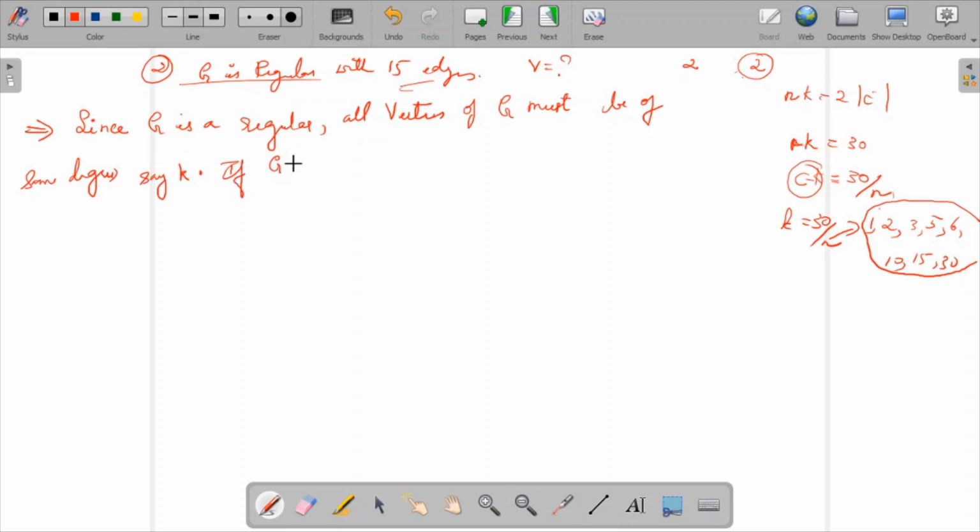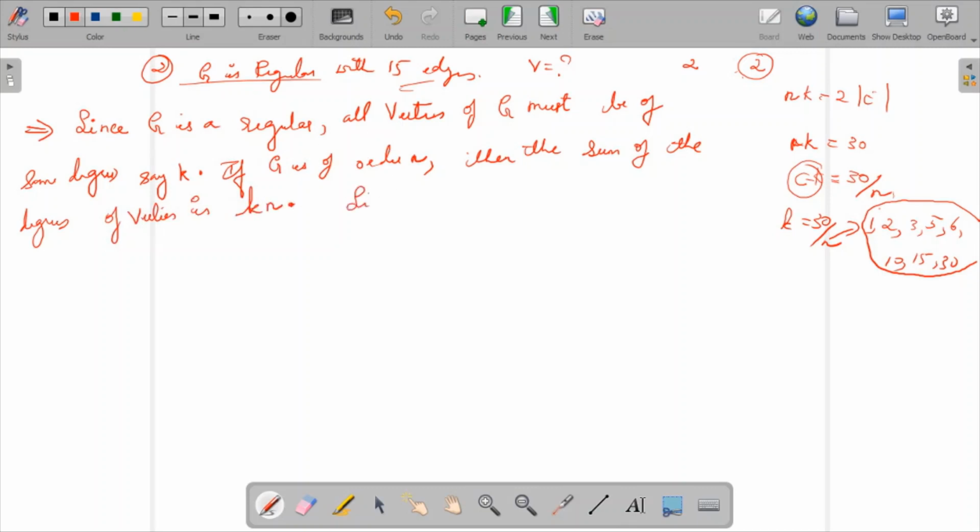If G is of order n, then the sum of the degrees of vertices is kn.